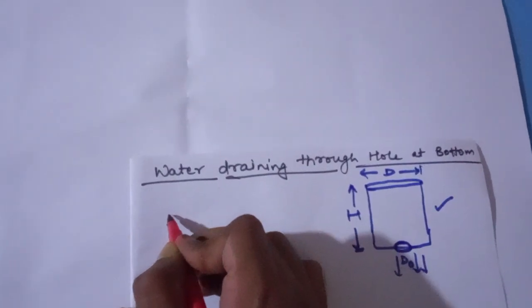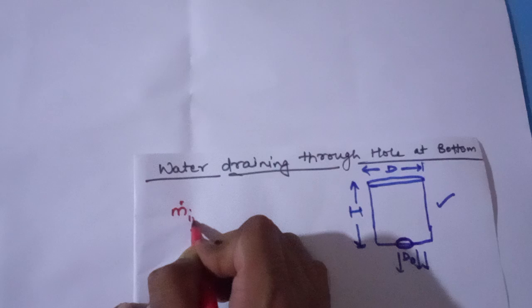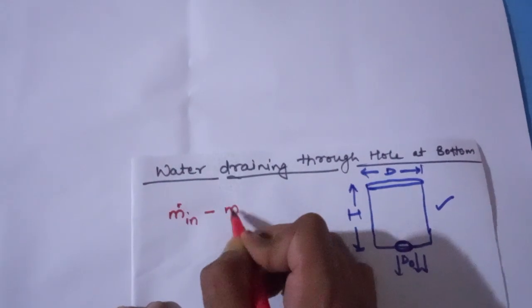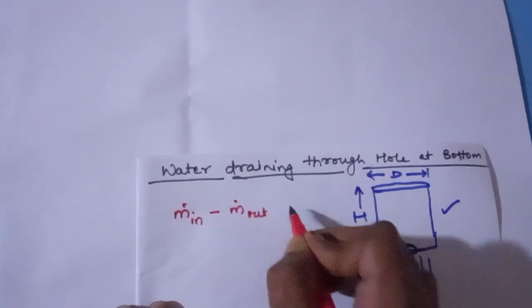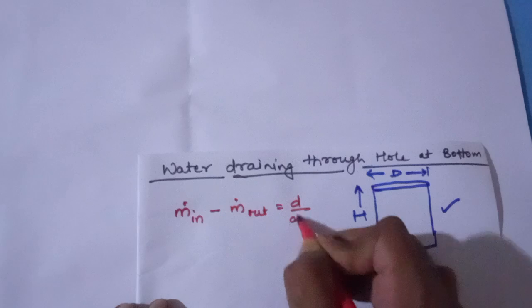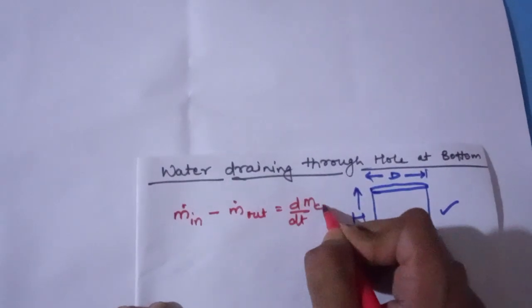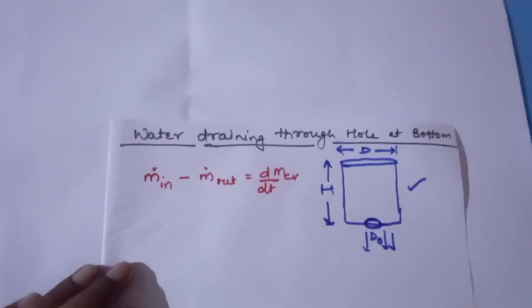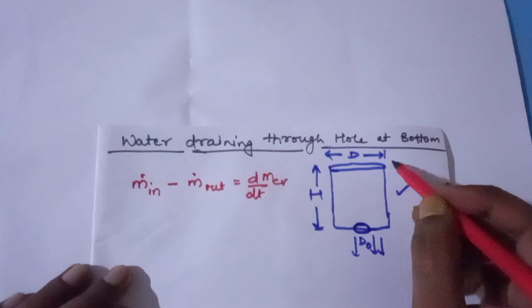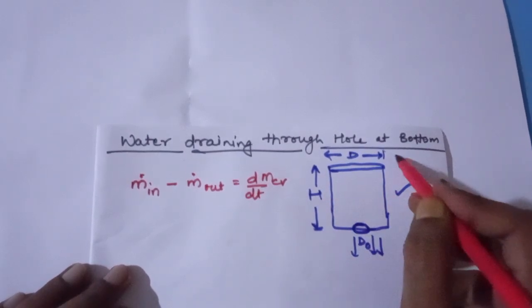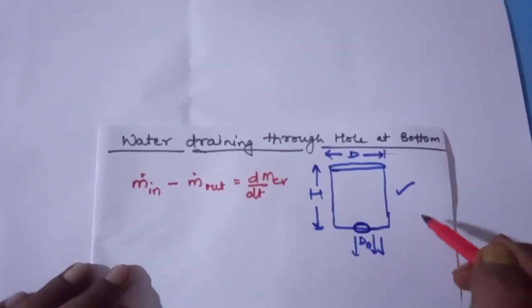We have the equation: rate of mass in minus rate of mass out is equal to the time rate of change of mass within the control volume. So this is our control volume. Suppose the whole tank system is our control volume.